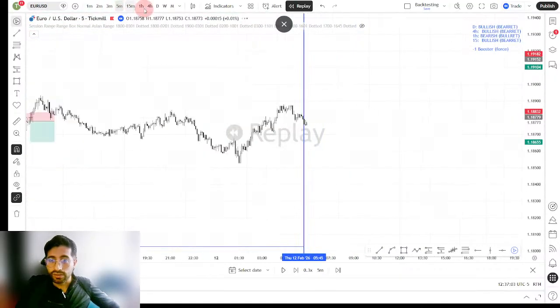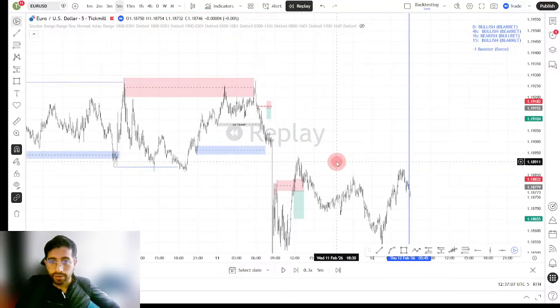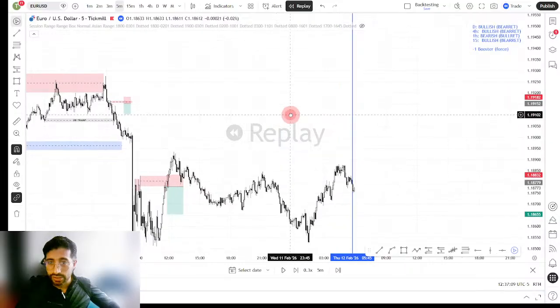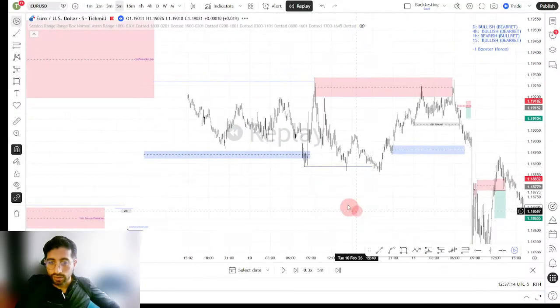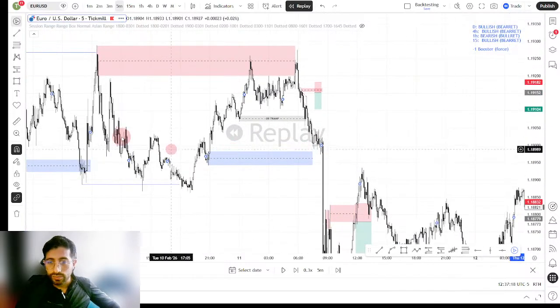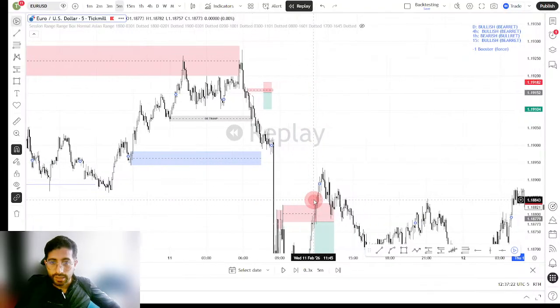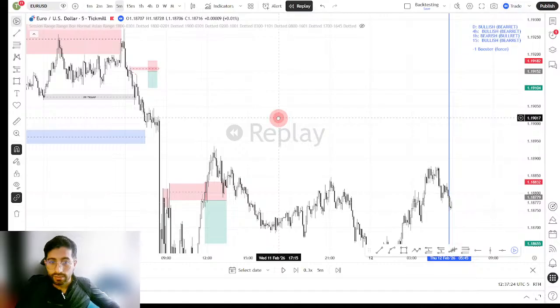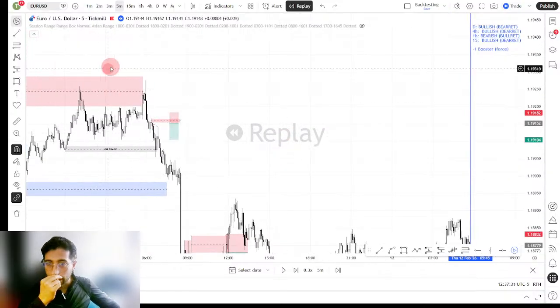I'll go to 5-minute time frame and let's watch for the bearish trend line or the bearish range. So we got the range here. It was broken with a body of the candle, and now let's spot the beginning of a range in 5 minutes. The beginning of a range should be right here, right above this point.